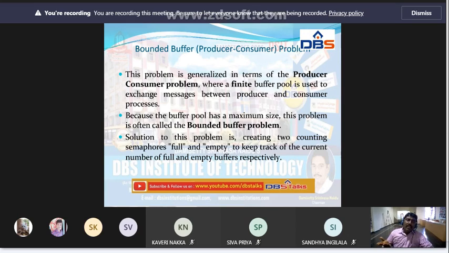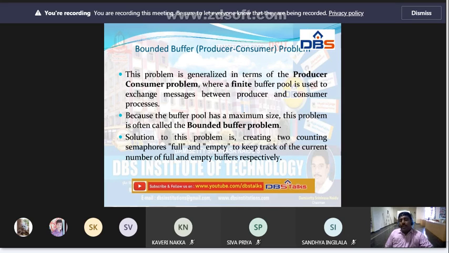We are not mentioning any size. This problem is often called the bounded buffer problem. We are using a finite buffer pool, and the size is maximum.